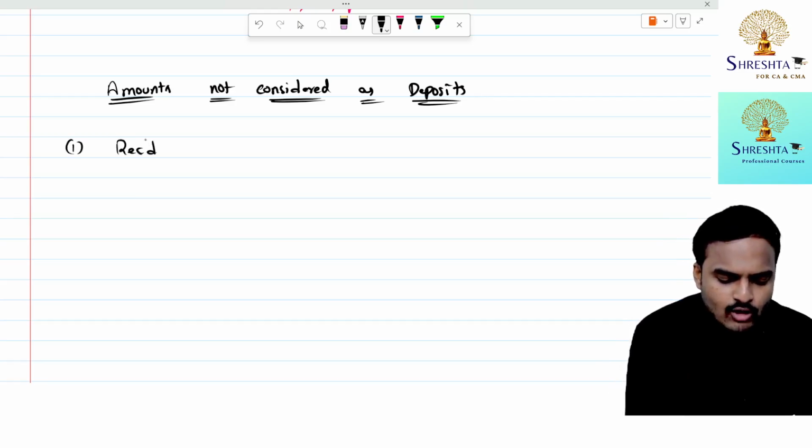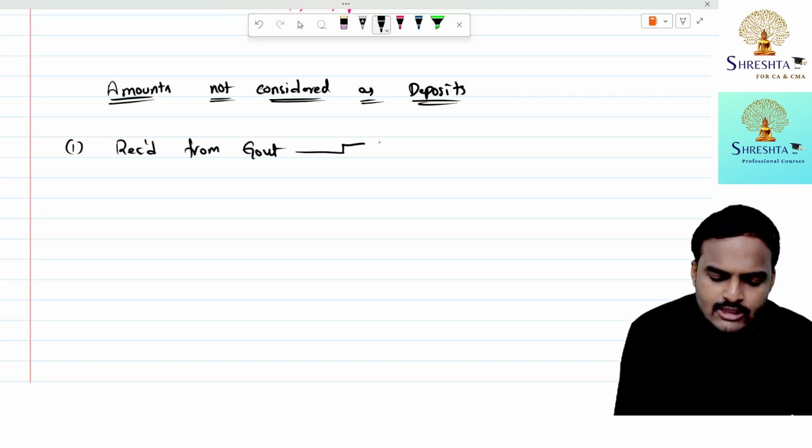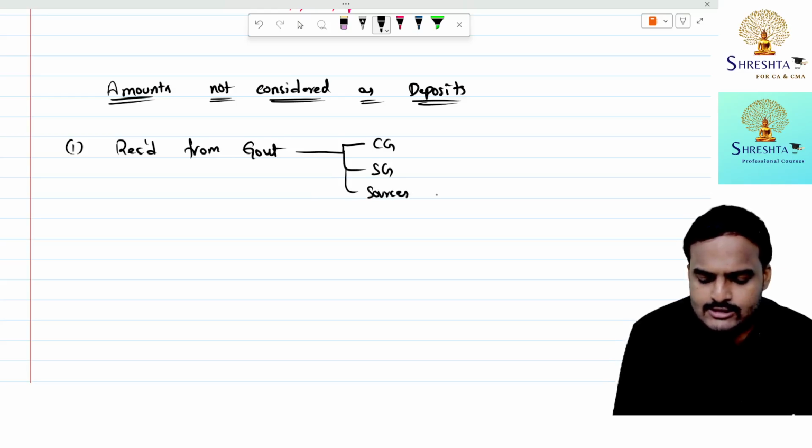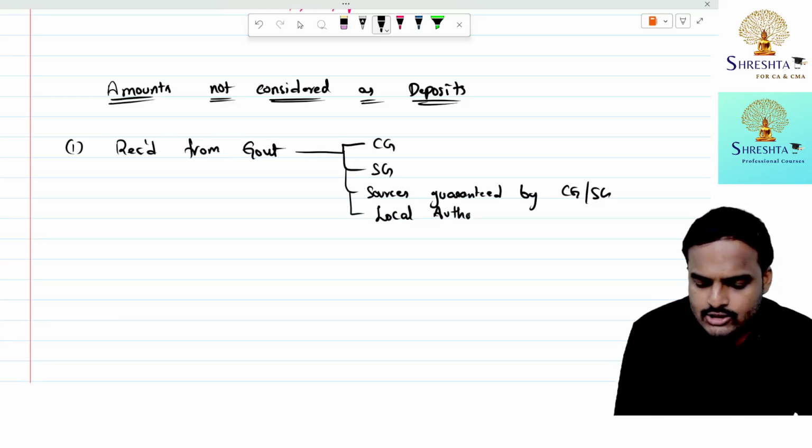So the first one: amounts received from government. Here, amounts received from government means from the Central Government, State Government, or sources guaranteed by the Central Government or State Government, or from any local authority or statutory authority.